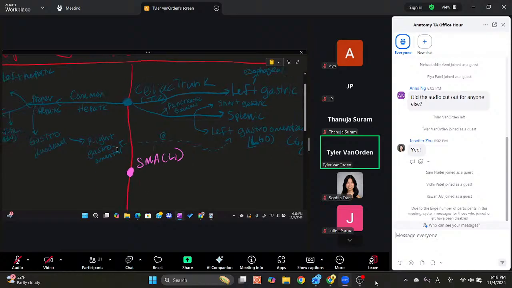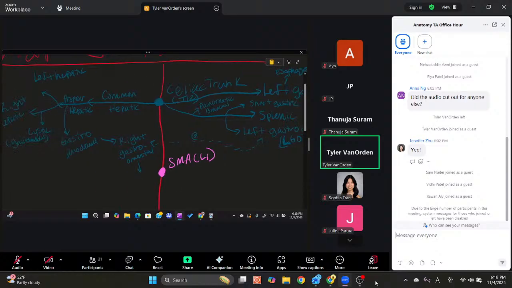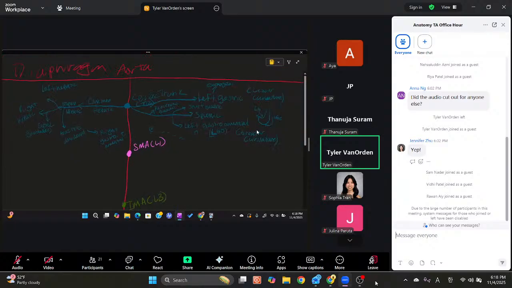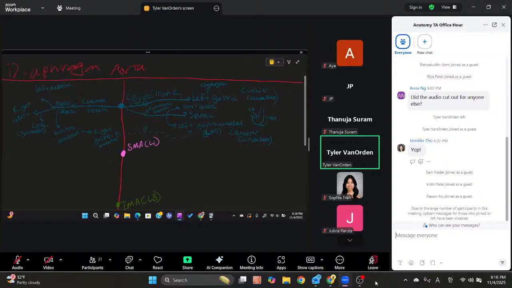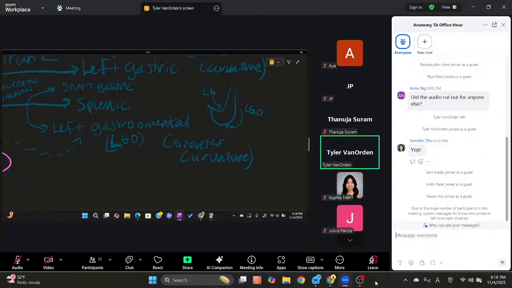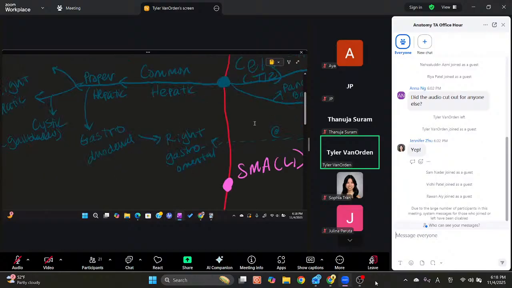Normally on my line diagrams, I would just do a little thing like that and write left gastroomental for sake of space. But just so you know, this is kind of crossing over to the side to go to that greater curvature of the stomach. They're going to kind of meet, and if you were to pull up the pictures for your class slides, they meet right at the bottom of the stomach. So the right gastroomental comes in like that from that gastroduodenal. Okay.